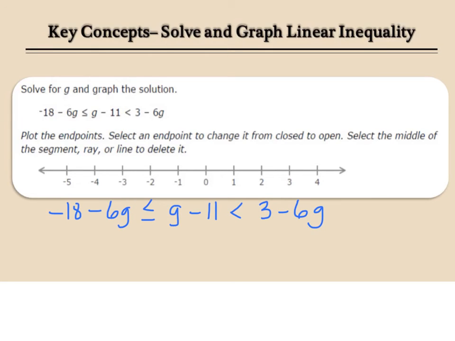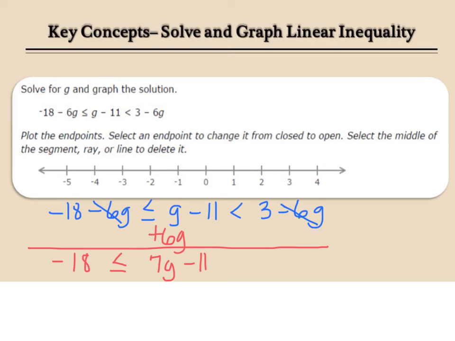All right, so I have rewritten the problem down here. And the first thing I'm going to do is add the 6g to the middle. So I have negative 18, 1g plus 6g is 7g, minus 11.